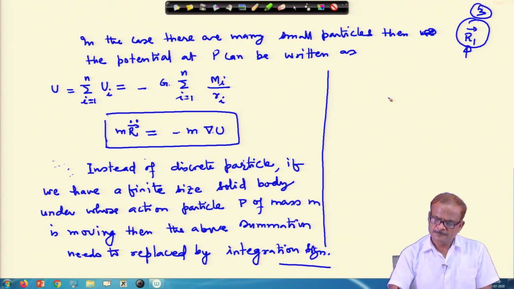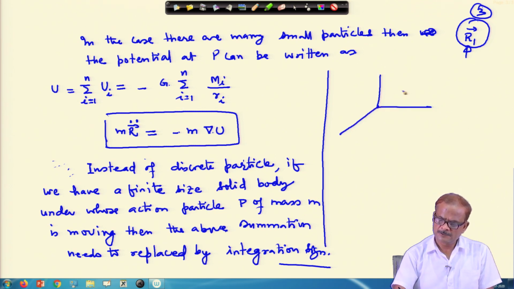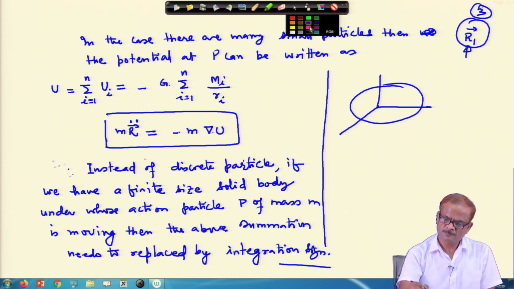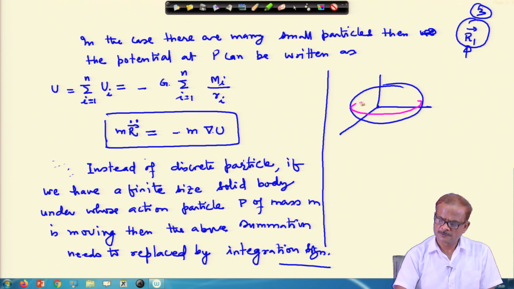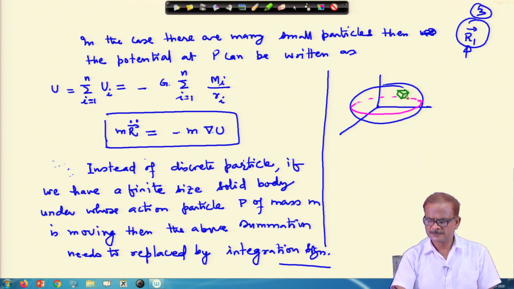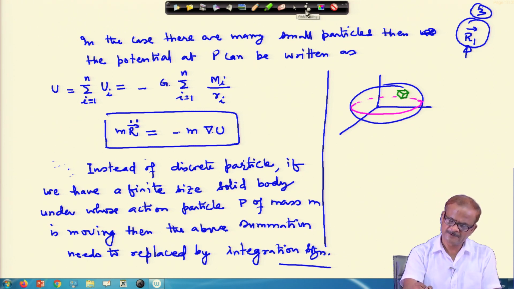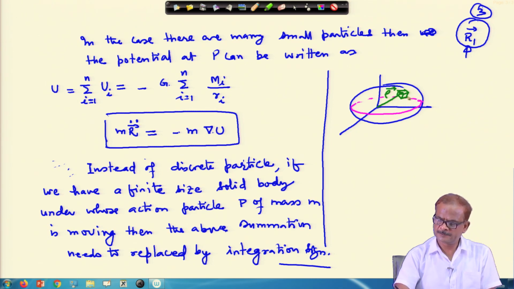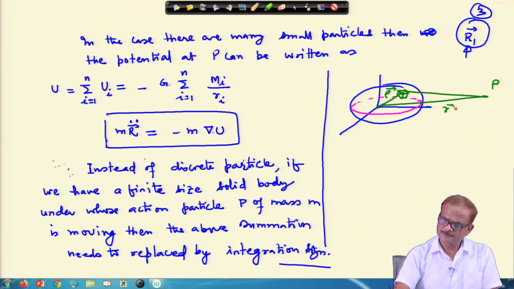So, now we are talking about a body of arbitrary shape, and there may be an elementary mass located in this. Here it is shown very big, but it is infinitesimally small. We can show the distance from here to here by rho. This is the vector to this point, and then of course we have the point P, whose radius vector we can show as r.